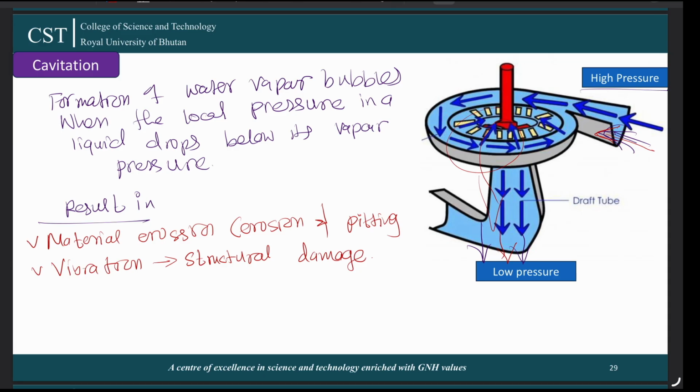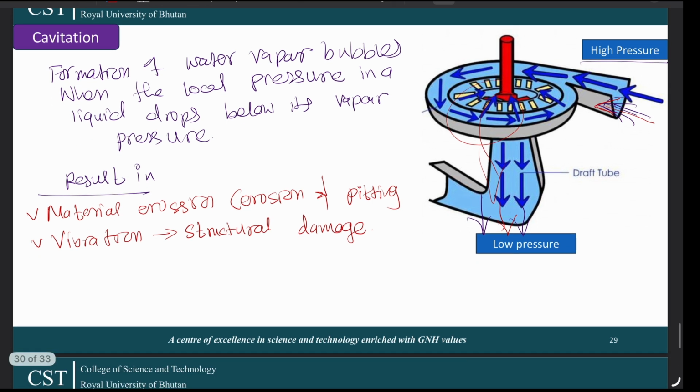Cavitation means water vapor bubble formation when the local pressure in that region drops below its vapor pressure. It makes the materials erode, and there will be pitting as well, and due to the damage to the structure, there will be vibration.